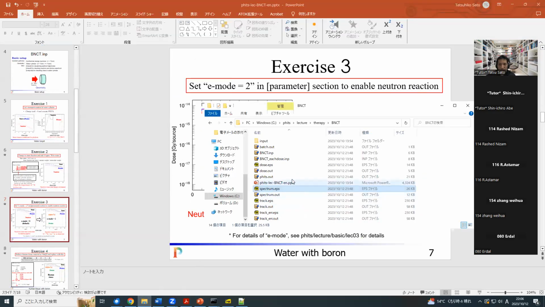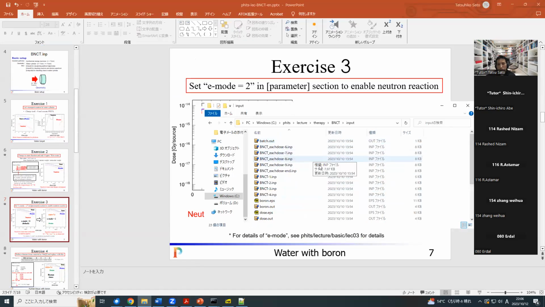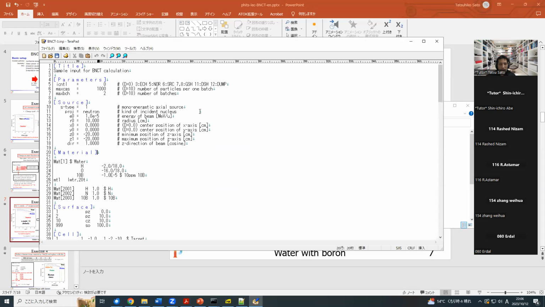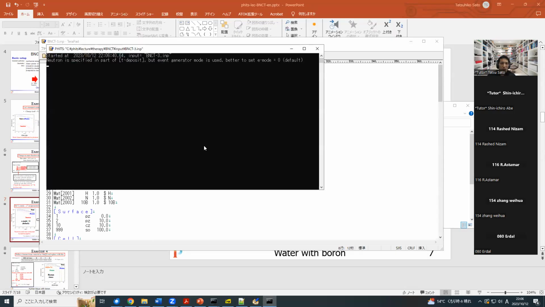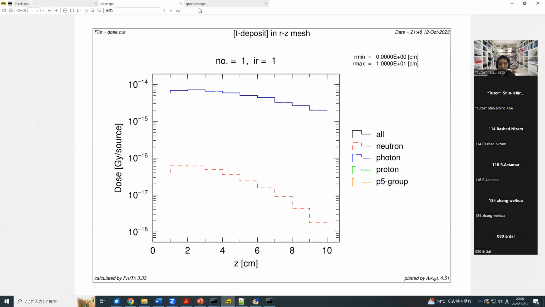In such a case, please go to the input folder and click the bnct 3-3 input file. Then add e-mode equal to 2 and run PHITS.